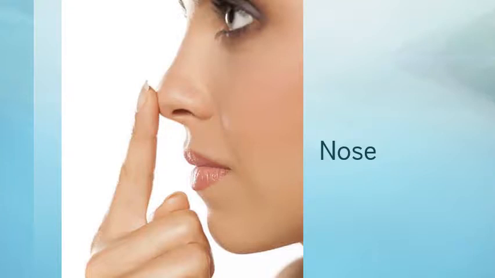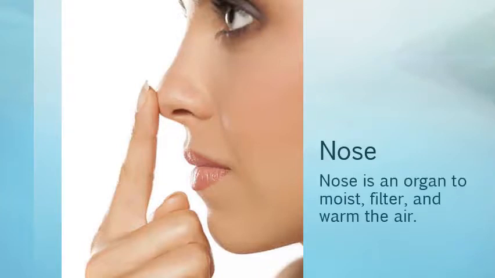So inside our nose there is a hollow space called sinuses whose function is to help regulate the temperature and the humidity of the air that we breathe. And there is also a tiny hair which is called cilia whose function is to filter the air. So the function of the nose is to moisten, filter and warm the air.